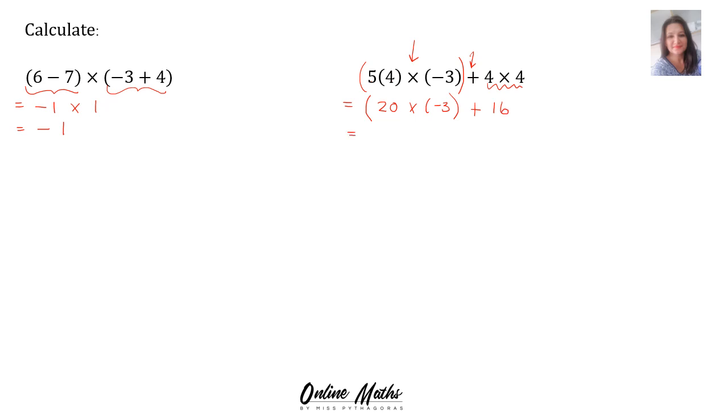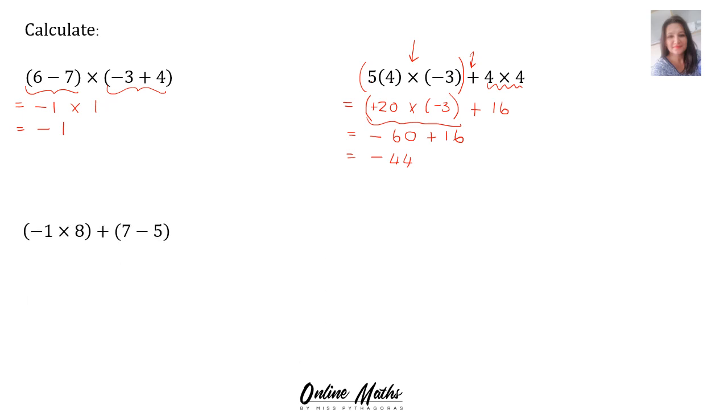Now we can do this bracket. A positive times a negative is negative, and 20 times 3 is 60, plus 16. Negative 60 plus 16 is negative 44.